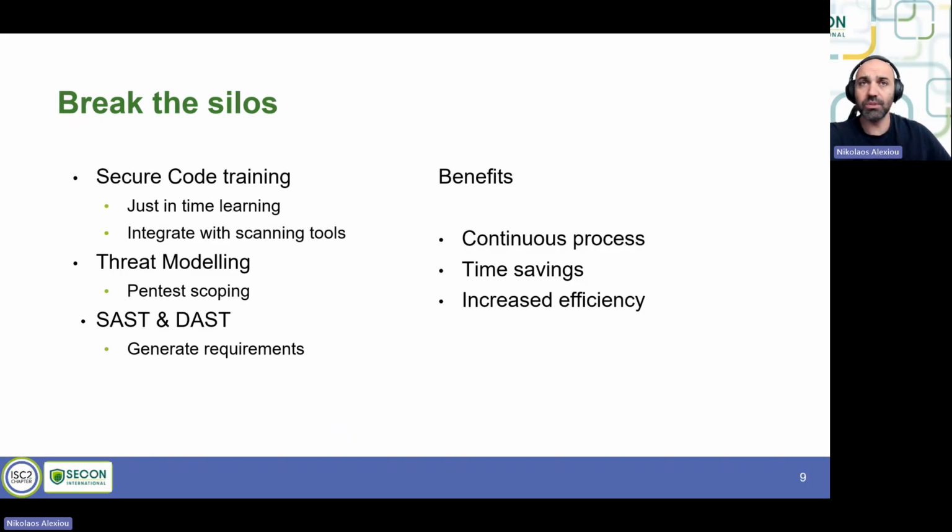And finally, we have the example of SAST and DAST analyzers. Those tools also create a lot of findings, really valuable tools. They can improve a particular version of your product, but if we take that knowledge of the types of vulnerabilities we are introducing and how we're fixing them, and we generate requirements and learning material, and we propagate those in the company, then we also have a loop there that improves our efficiency to faster detect vulnerabilities in the future.